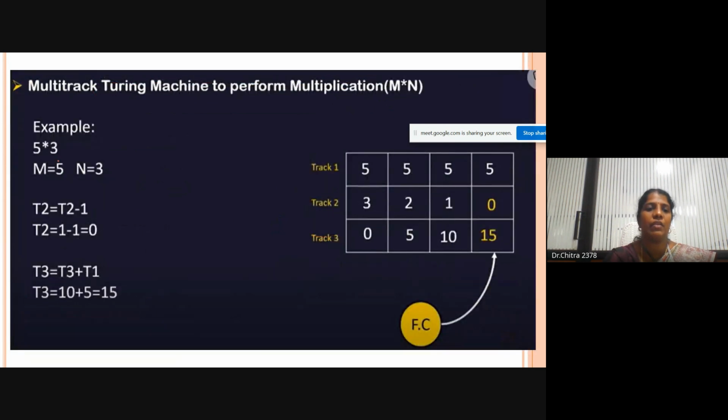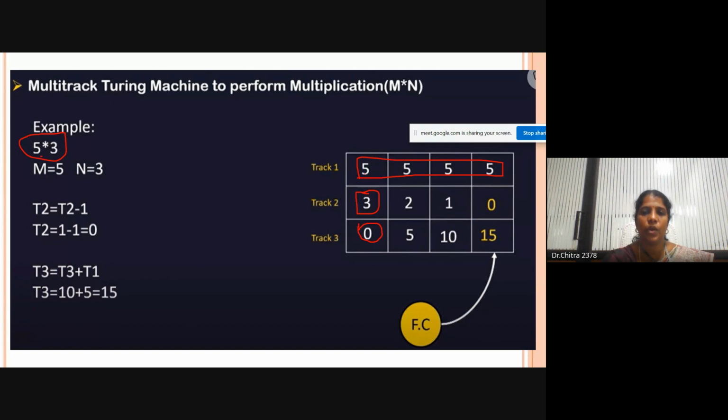For example, you want to multiply 5 into 3. Here m is equal to 5 and n is equal to 3. 5 is the constant one. You are going to add 5 each and every time, and that is placed in the first track. In the second track, first write 3, and initially the answer is 0 only. First it's filled with 5, and in the second track write 3, and the answer is 0.